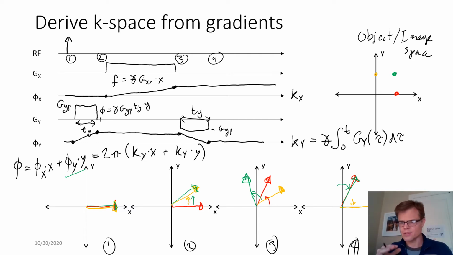Okay, so again, stepping back, what we're doing here is saying we can characterize our gradients by looking at the phase they create in our net magnetization. And the phase that they create we can characterize by k-space, by these k terms, which are the cumulative area of the magnetic field gradients over time.